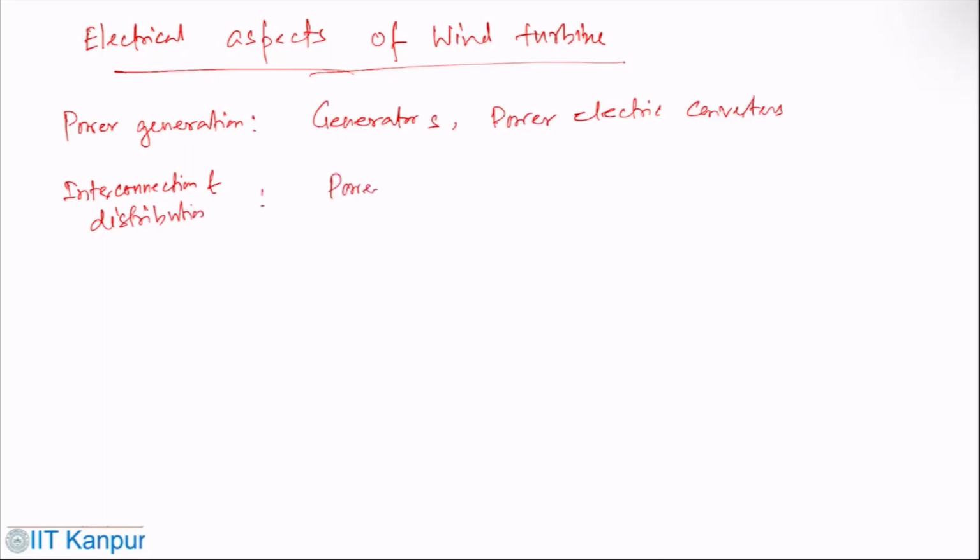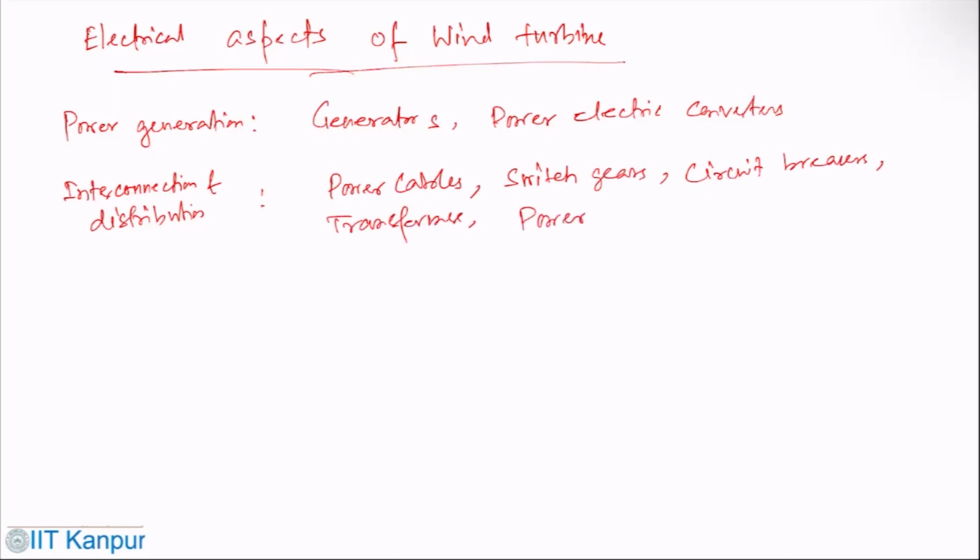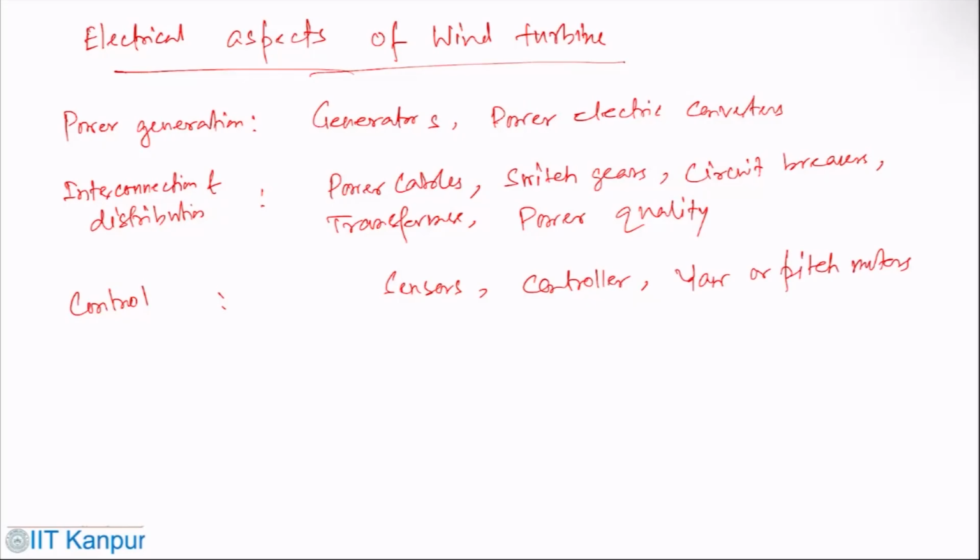So you have power cables, switch gears, circuit breakers, transformers, power quality. Then you have control. So sensors, controller, yaw or pitch motors, solenoids.